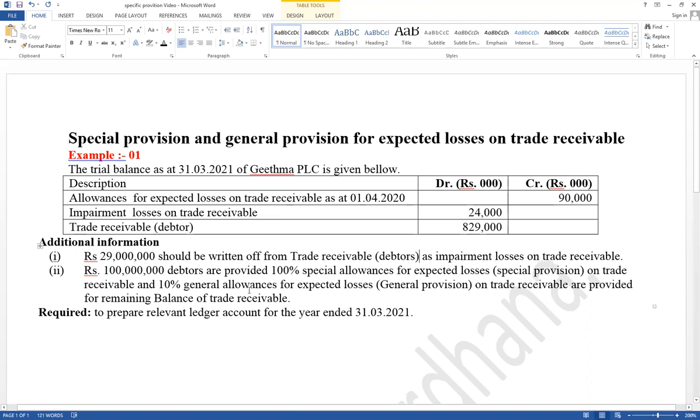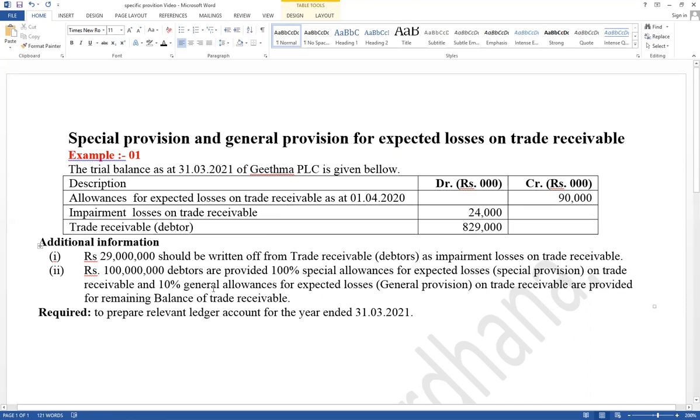And the second one is very important. Given rupees 100,000 debtors are provided 100% special allowances for expected losses. That is a special provision on trade receivable.